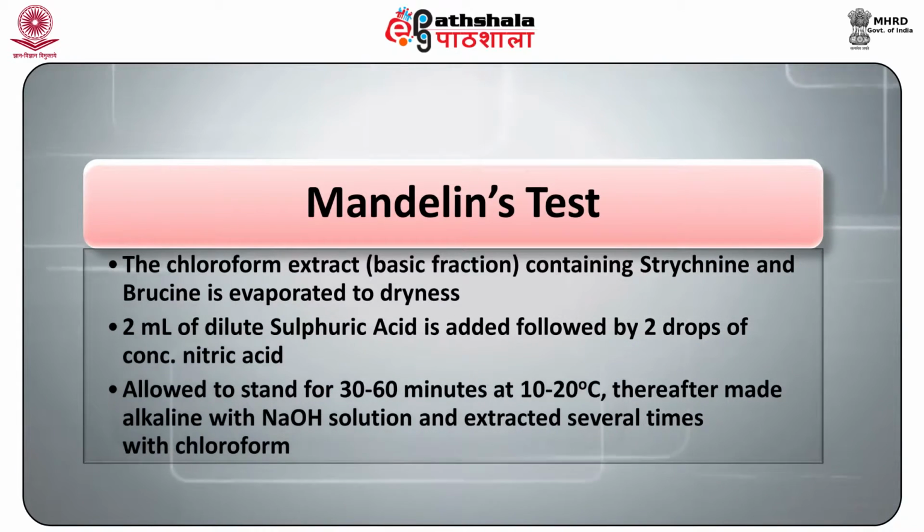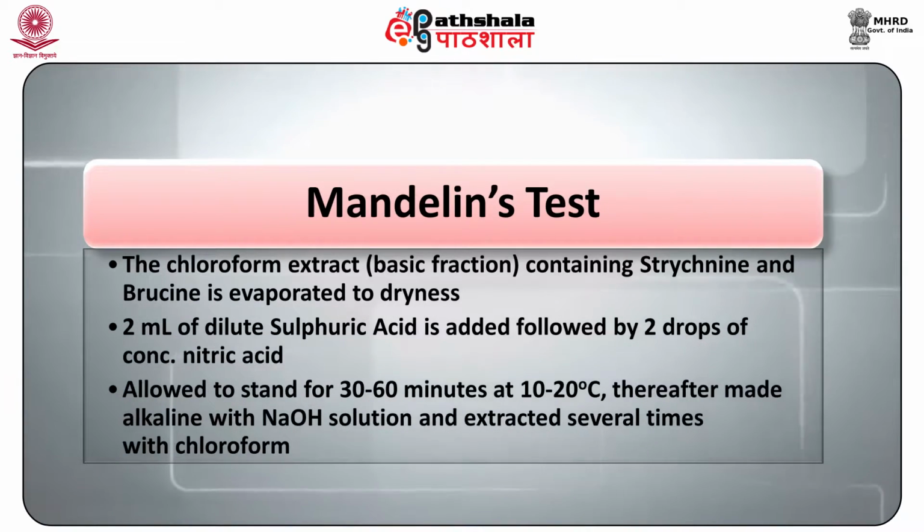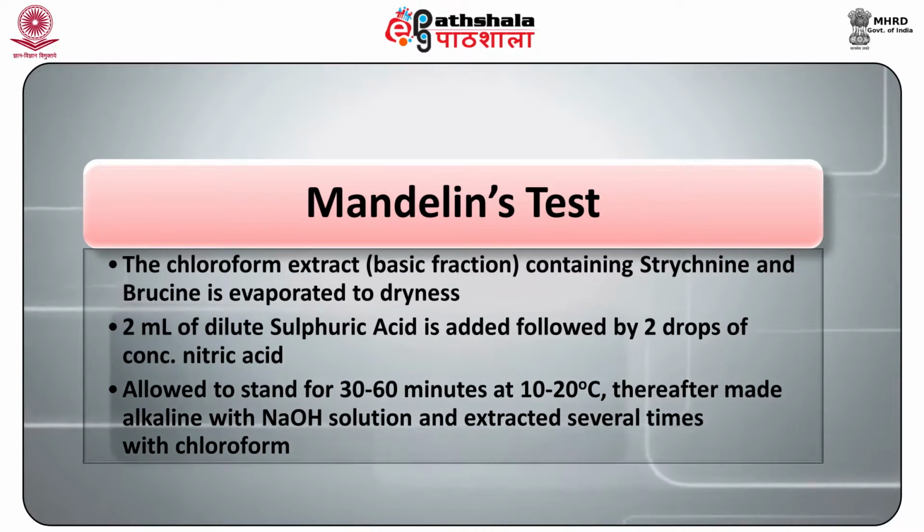It is allowed to stand for 30 to 60 minutes at 10 to 20 degrees Celsius and thereafter made alkaline with sodium hydroxide solution and extracted several times with chloroform. The chloroform extract is combined, washed and evaporated to dryness. The residue does not contain brucine.